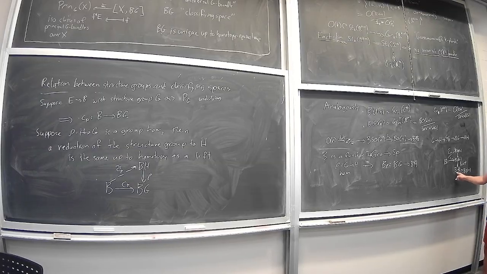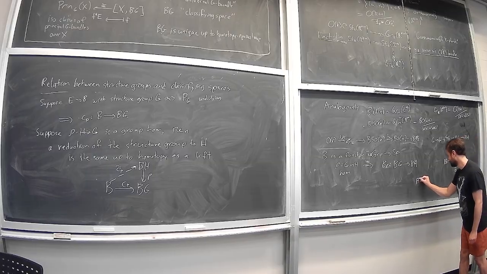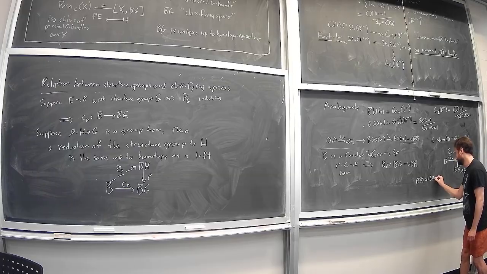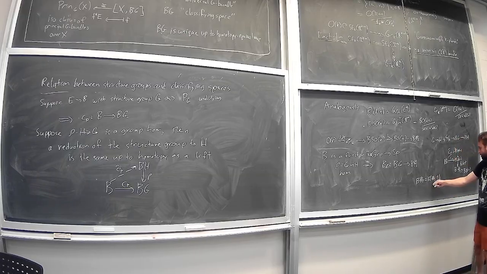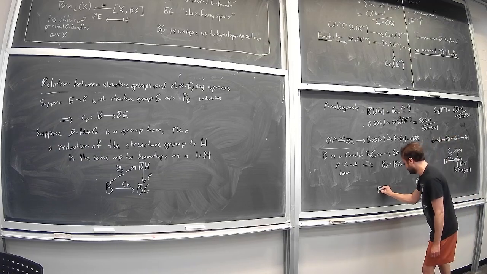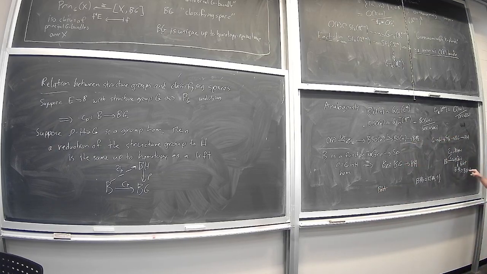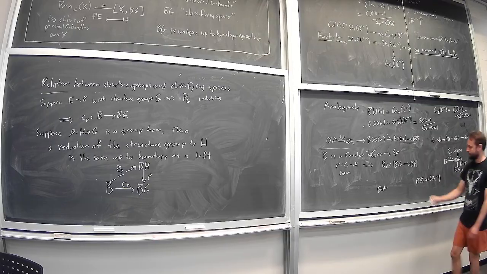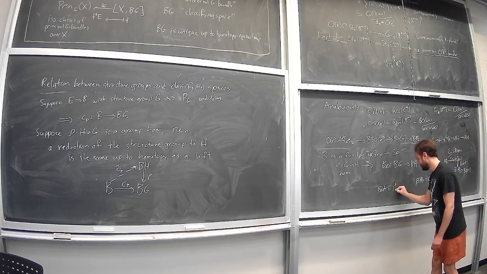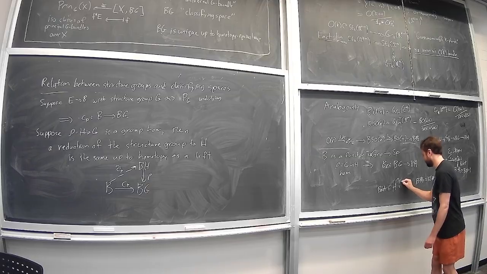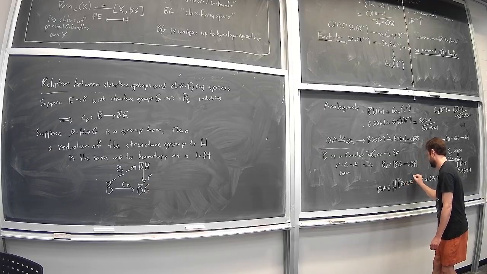Now I'm going to do some crazy stuff before I finish off. I said that this was a K(Z mod 2, 1), which means that this classifies cohomology in degree 1. So B det, as a function from BO(n) to K(Z2, 1), is actually an element of the first cohomology group of BO(n) with Z2 coefficients.